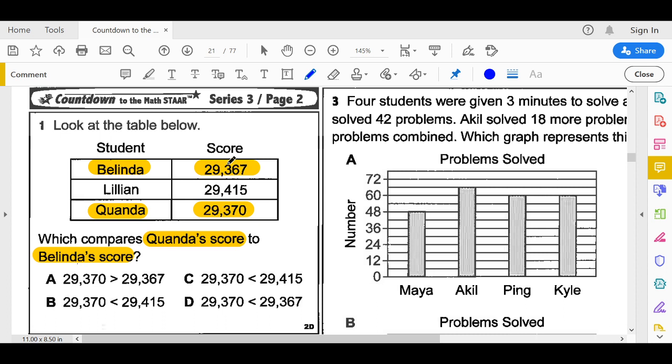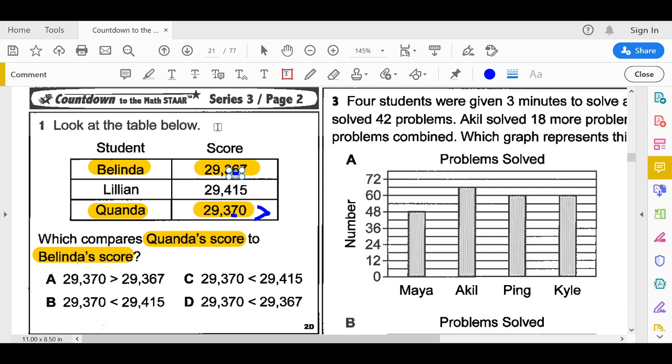Hundreds is the same, 3 and 3. And when we get to the tens, we see that Belinda has a 6 right here, and Kwanda has a 7. So in that moment, we know that Kwanda's number is greater than Belinda's number, okay?